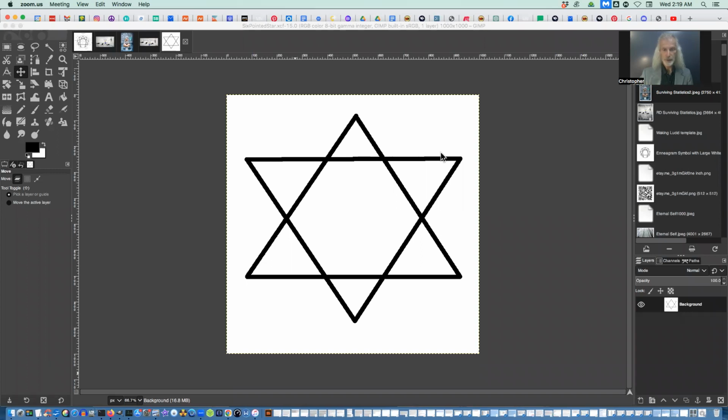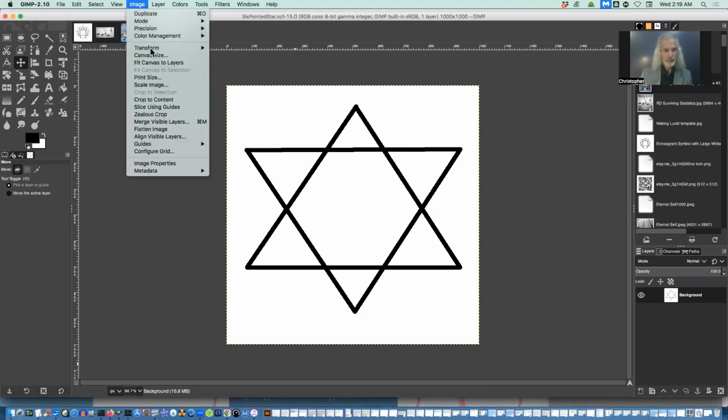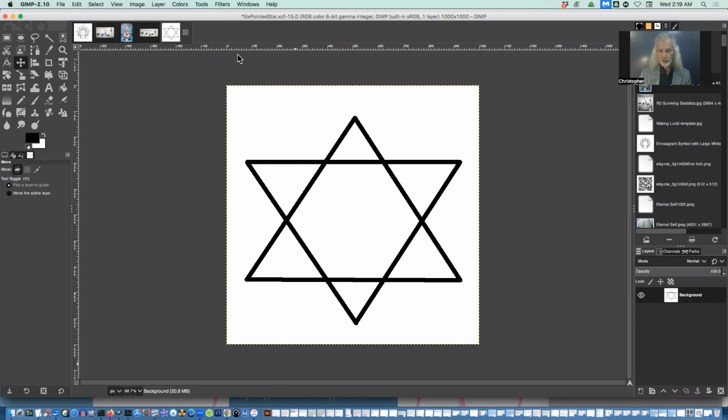So yes, if you look at the symbol here, let's flip this vertically. Well, if you flip it vertically, you still have a six-pointed star, so it's a very safe and deep, profound image.